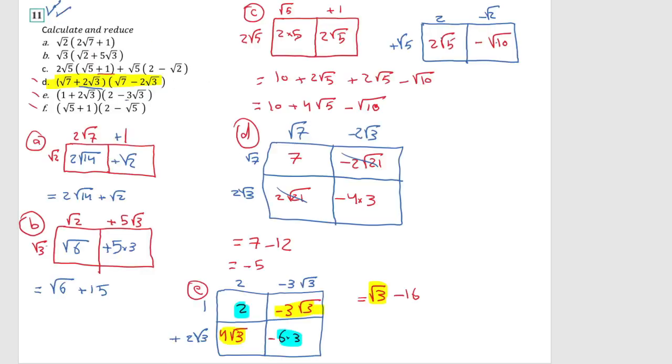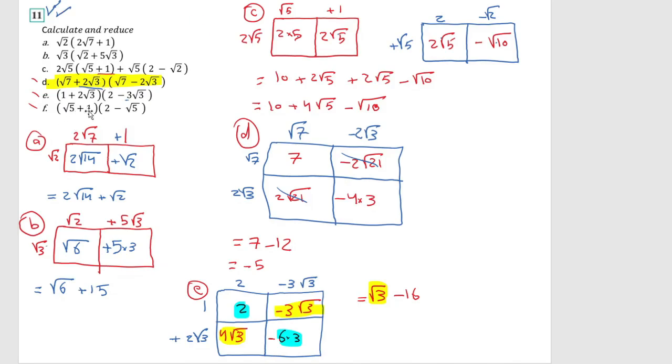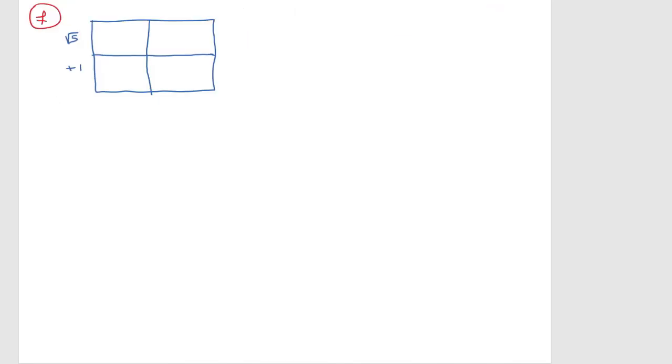Radical 5 plus 1 into 2 minus radical 5. So I write here radical 5 plus 1, 2 minus radical 5. So I write here 2 minus radical 5 and continue adding.